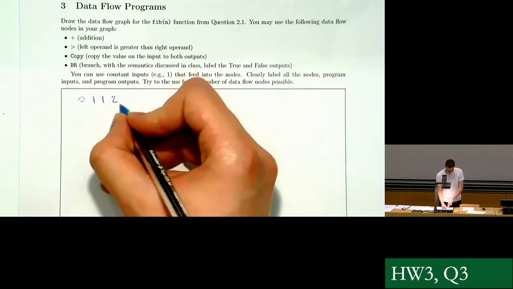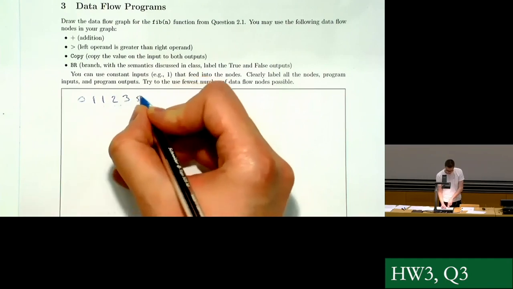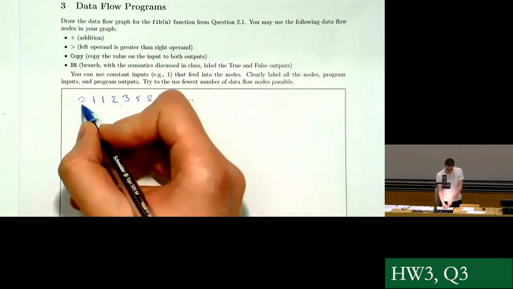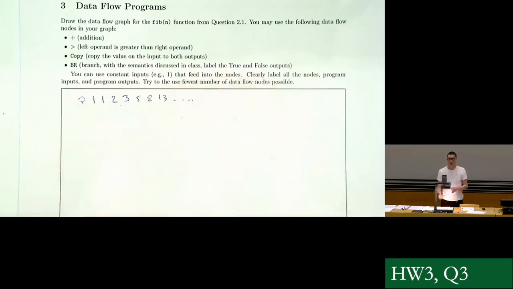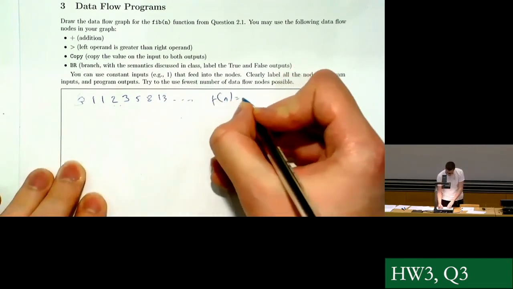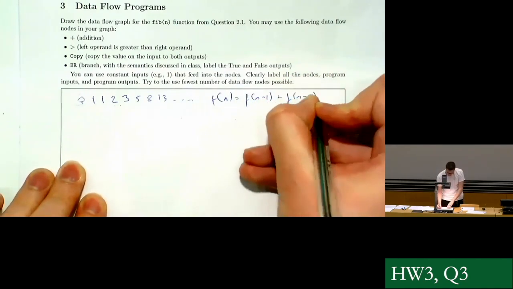The next number is 1 plus 2, and the next is 2 plus 3, and then 8, then 13, and it goes like this. F0 is 0, and F1 is 1. This is by definition. And the rest is Fn-1 plus Fn-2.